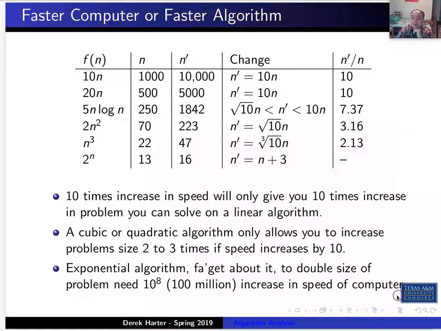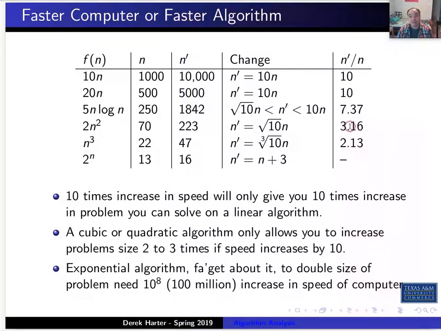Now if I have a computer that's 10 times faster, n squared would allow me to do 223 if you work it out, because it's going to be the square root of 10 times n, right? But that's not so for an increase in the speed of my computer by 10 times, I was only able to handle problems that are 3 times bigger in the same amount of time.